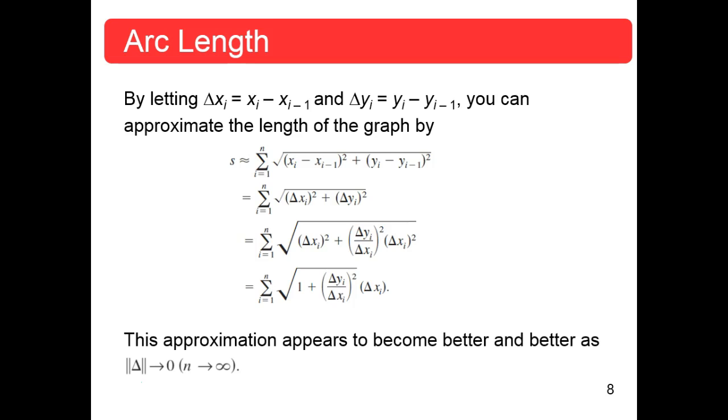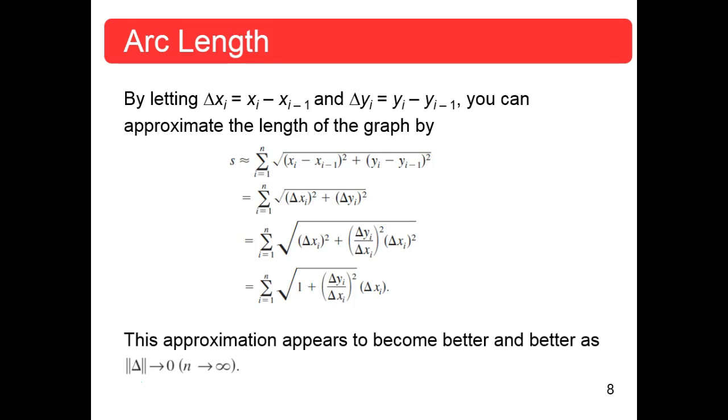What we're going to do is multiply and divide by delta x sub i squared. Now factor out delta x sub i. The square root of delta x sub i squared would be your delta x sub i. I would have put it in front, though later we won't want it over there.